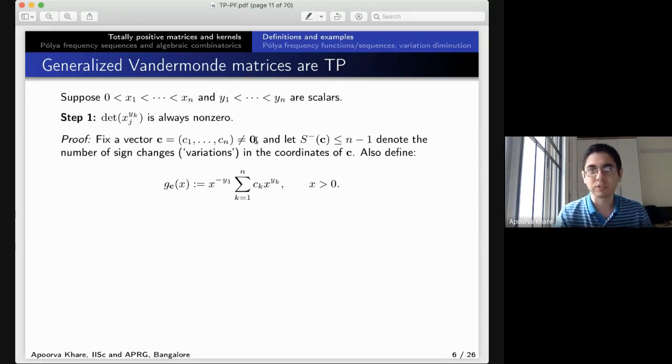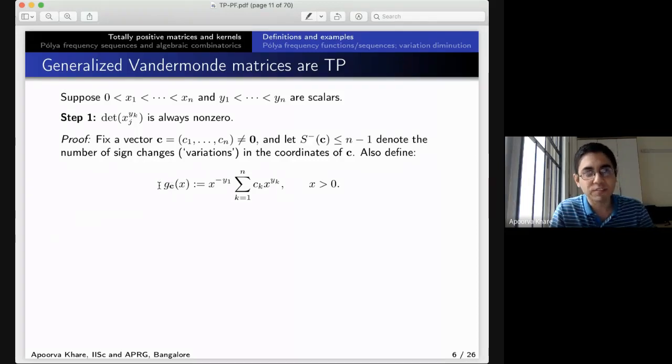So fix a non-zero vector c, with S minus denoting the number of sign changes. That means you look at the coordinates in the tuple, remove the 0 coordinates, and look at the number of times the sign flips. This is clearly at most n minus 1. Traditionally, maybe 100 years back, these sign changes were called variations. So now define this function.